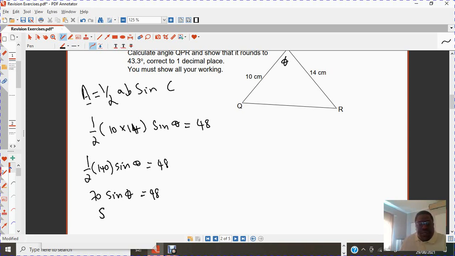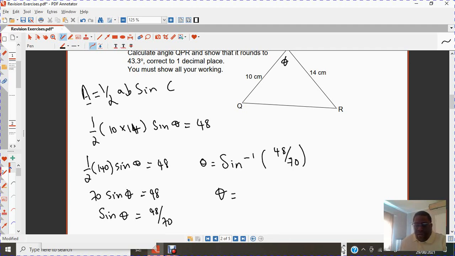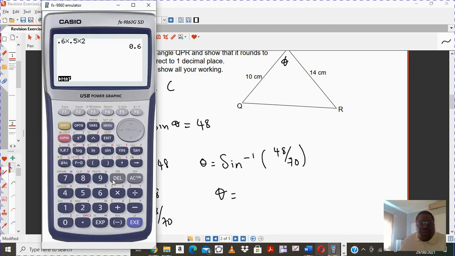And sine theta is going to be 48 upon 70. And in order for me to find that angle, that angle will be the inverse sine of 48 upon 70. Make sure that when you use your calculator, it should be in degree mode. So it's 48 upon 70.